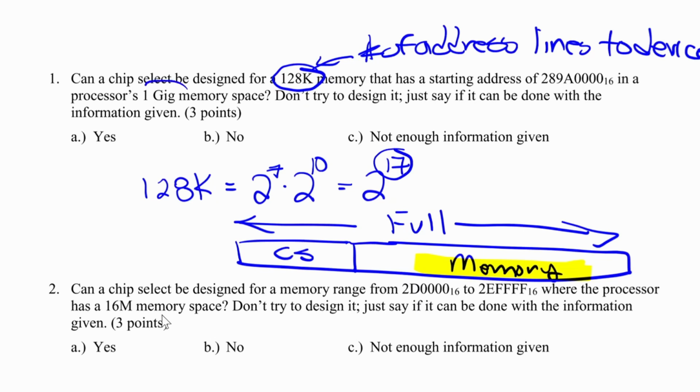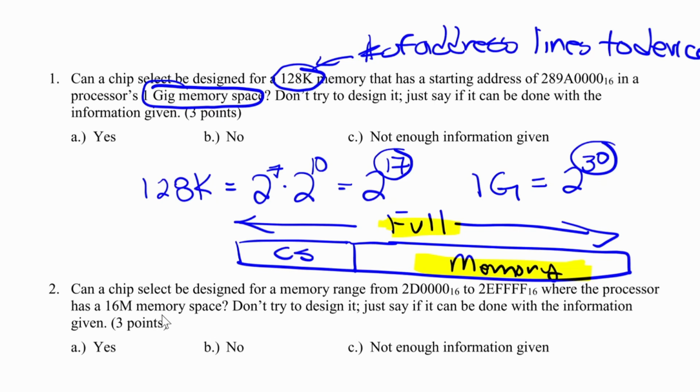If you look right here, I've got a processor with a 1 gig memory space, okay? So 1 gig, well, that's equal to 2 to the 30th. So I now know that there are 30 address lines in the full address. Now the question is, can I come up with the pattern of ones and zeros that defines the chip select?